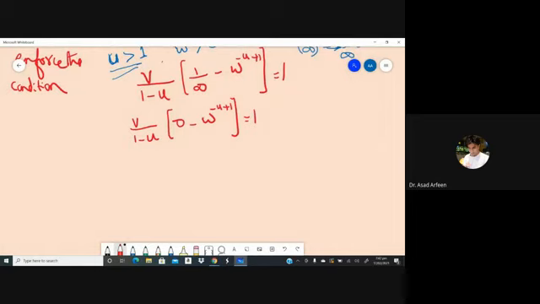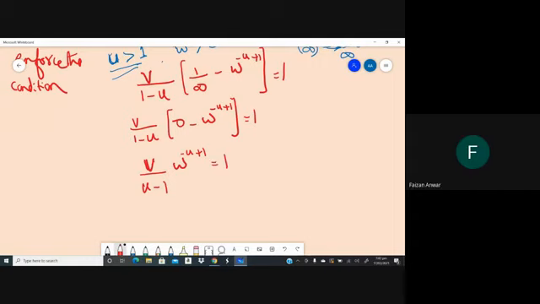Let me make it a bit more simple. This is v. Can I make it like v over u minus 1 times w minus u plus 1 is equal to 1?